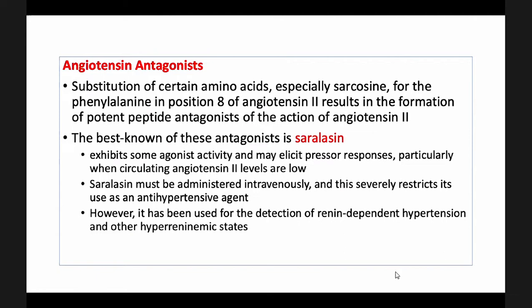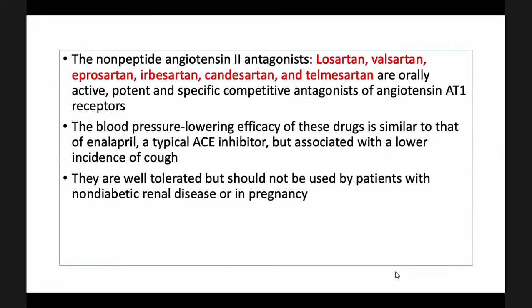Saralazine is administered intravenously, and this severely restricts its use as an antihypertensive agent. However, you can use this for detection of renin-dependent hypertension and other hyperreninemic states.